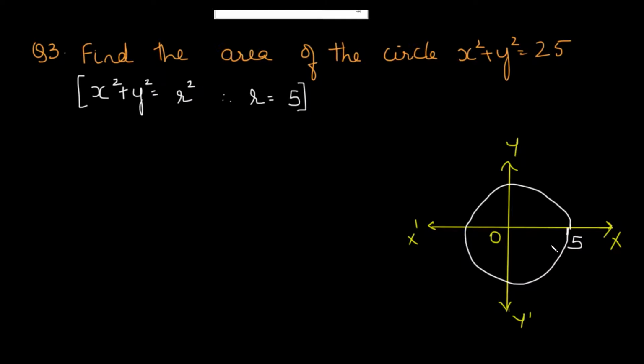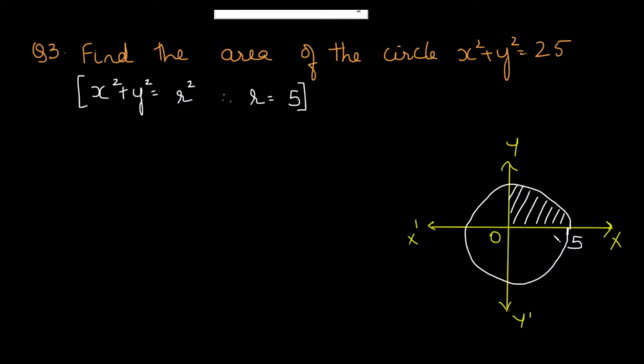And in this circle, the area between x is equal to 0, this line, and this imaginary line x is equal to 5, in the first quadrant, can be found by us using the formula for the area under a curve. Clearly, the limits of integration are 0 to 5.